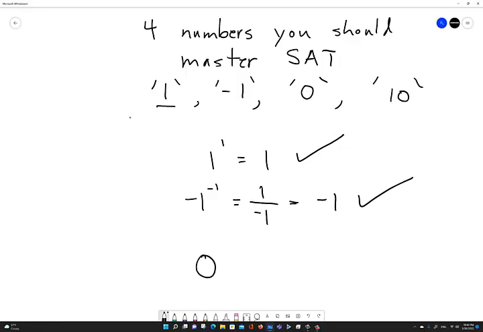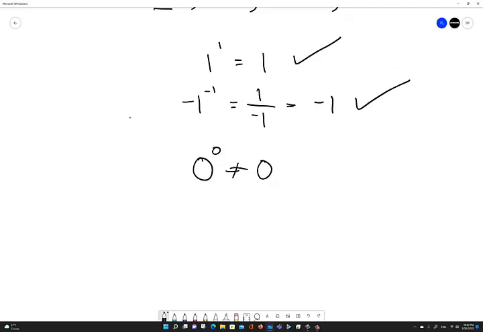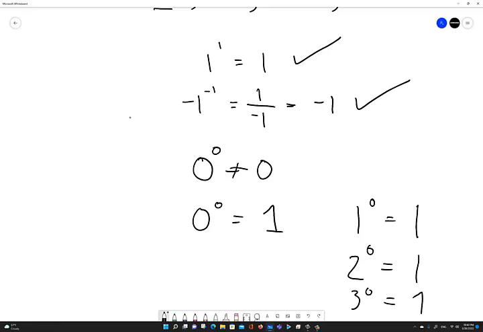So 0 powered by 0 is not equal to 0, actually. 0 powered by 0 equals 1, because 1 powered by 0 equals 1, 2 powered by 0 equals 1, and 3 powered by 0 equals 1.